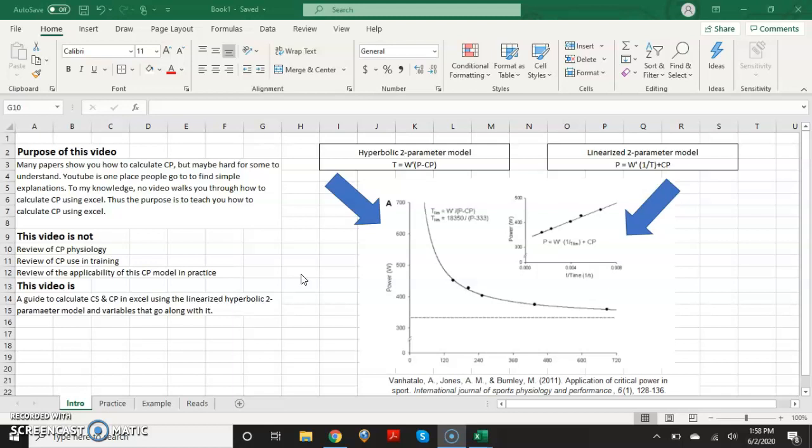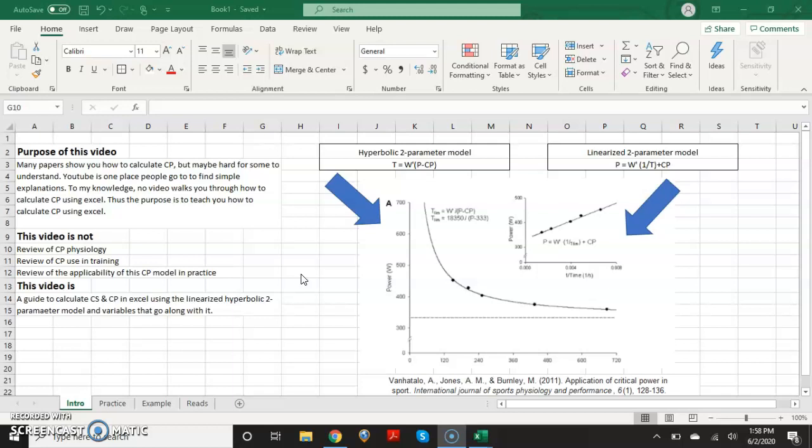And most people, when they don't understand something from a peer-reviewed paper, try to find a simpler resource, and sometimes YouTube happens to be the place that you go to find simpler resources. And even in my time looking for videos on critical power on YouTube, I haven't found any videos that walk you step by step on how to calculate it for yourself using something like Excel. So that's what I plan on doing today, and I hope you enjoy the video.